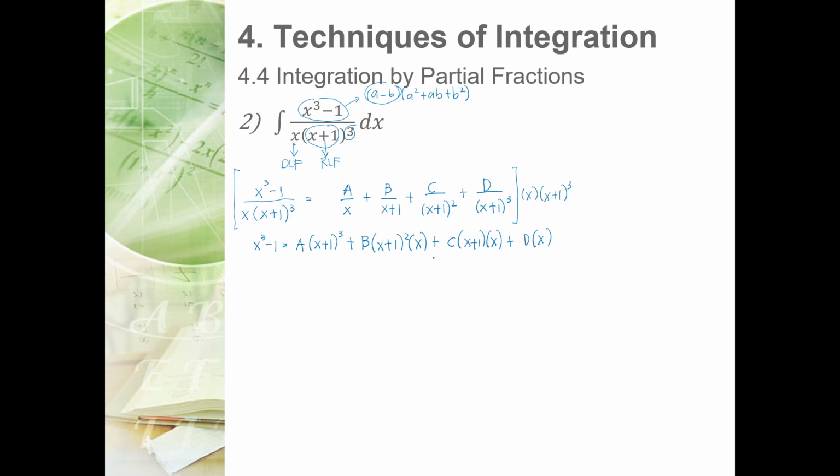So if we look at the new equation and imagine the elimination method, let's say I'm going to eliminate a by giving x a value of negative 1. If I make x equal negative 1, a is eliminated because it has x plus 1, which would make it 0. I would eliminate b as well, and c.